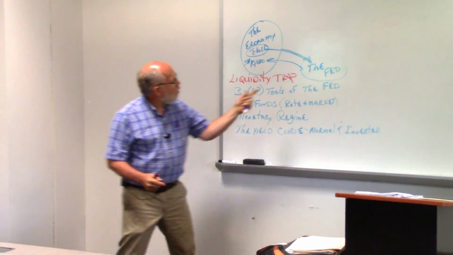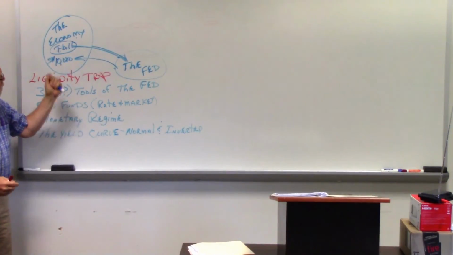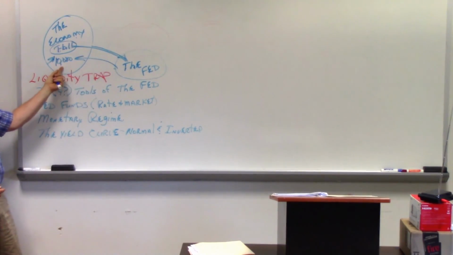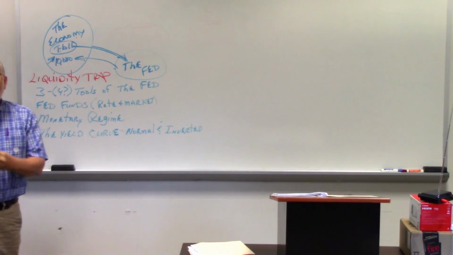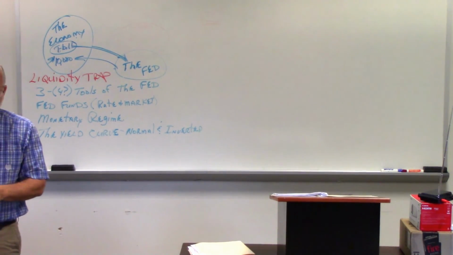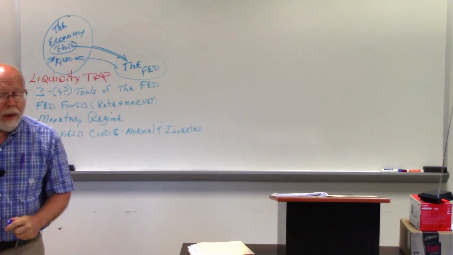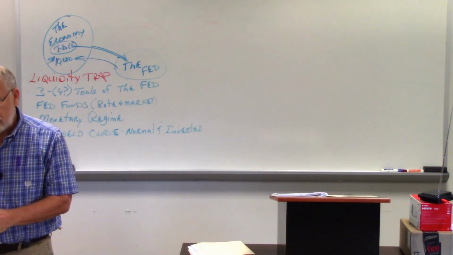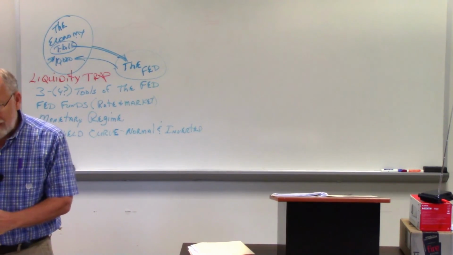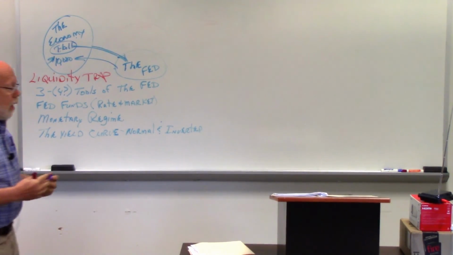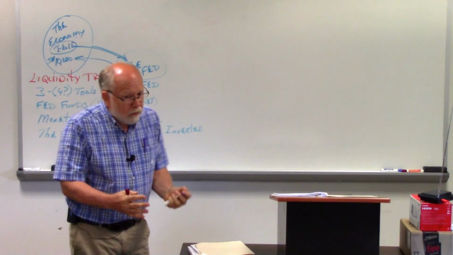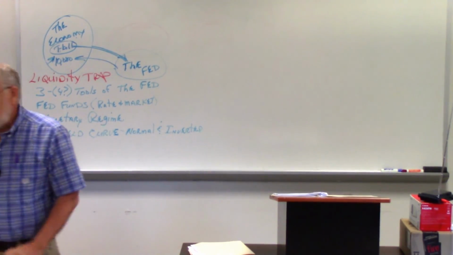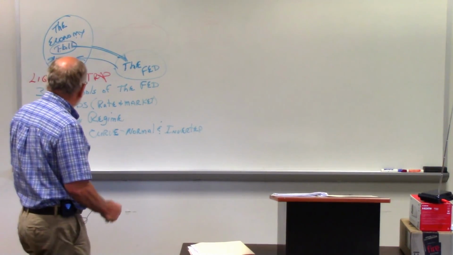Just keep in mind, when it buys things, in other words, the T-bill goes into the Fed, that means brand new high-powered money is coming into the economy, and then that gets expanded through the fractional reserve banking system. As long as people are willing to take on more debt, it will expand the monetary system. If they don't want to take on any more debt, we have a liquidity trap, and the money's there. The banks are trying to loan money to people, but people just don't want to take on any more debt.